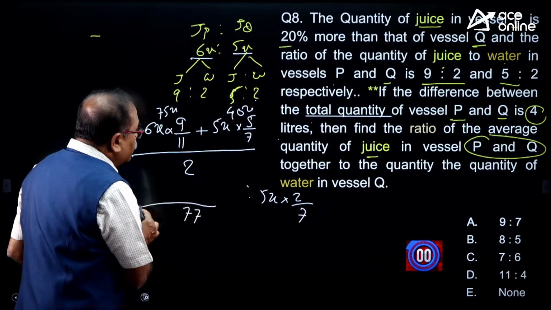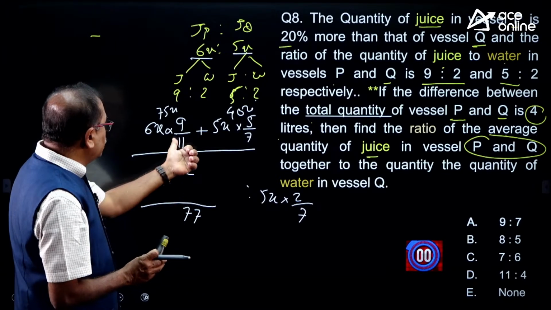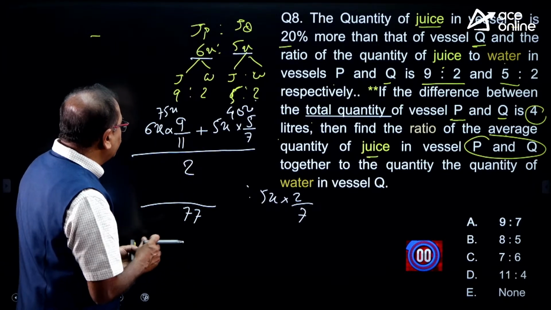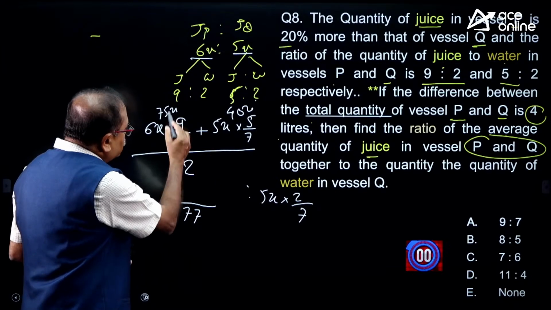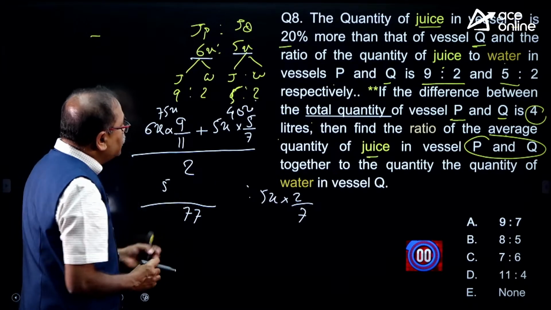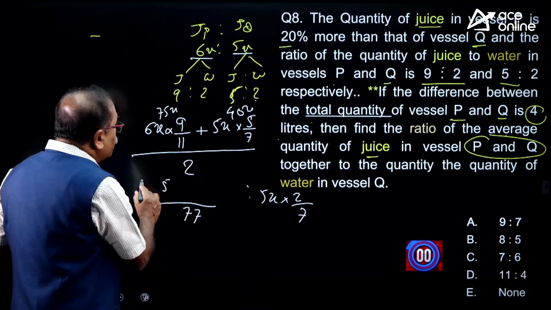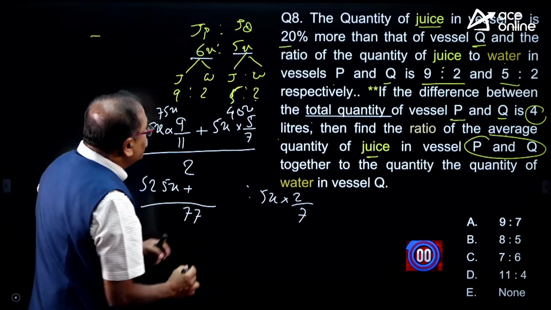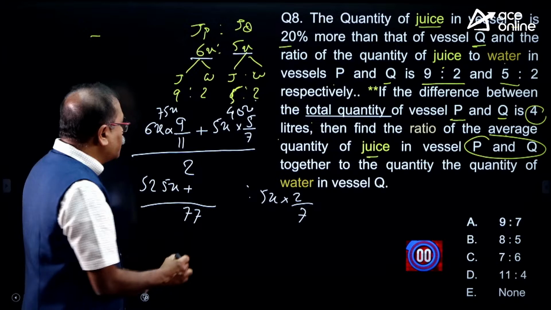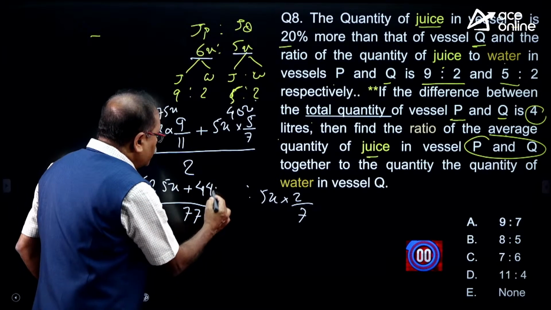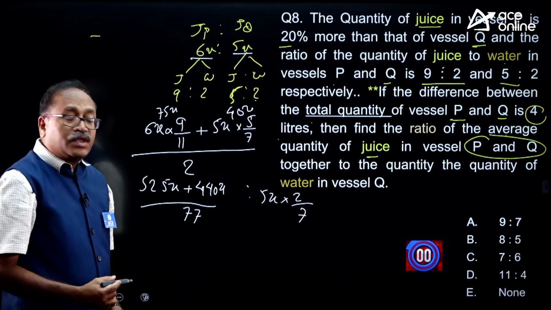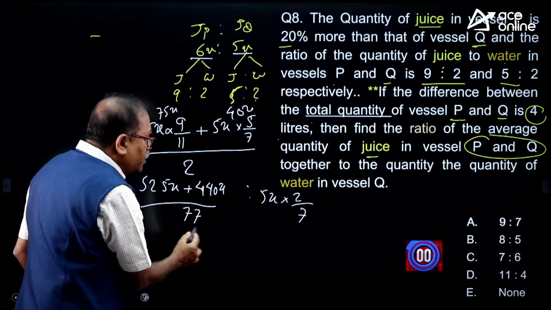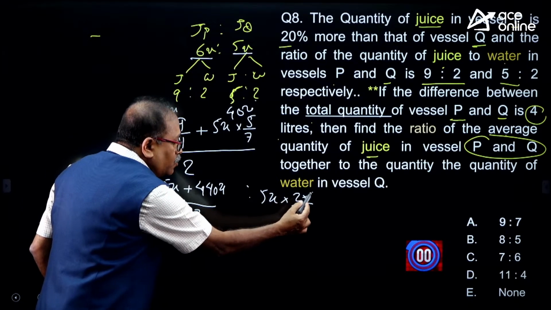Now here it is 7 times, so 75 times 7 is 525, and 11 times 40 is 440x, and divided by 2.